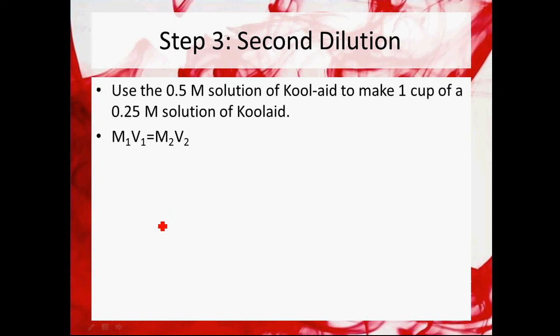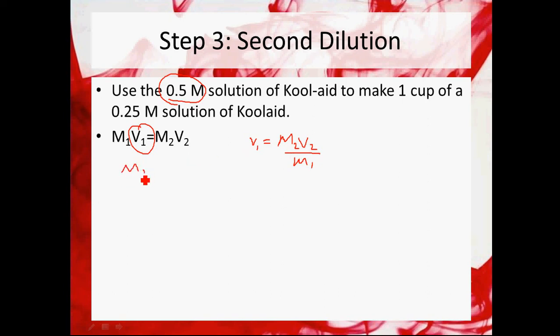Second dilution. We're now going to be using the 0.5 molar solution to make a 1 cup solution of 0.25 molar. Okay, so same thing that we did before in step 2. We're solving for V1. So V1 by itself is M2 V2 divided by M1. V1 is our unknown.